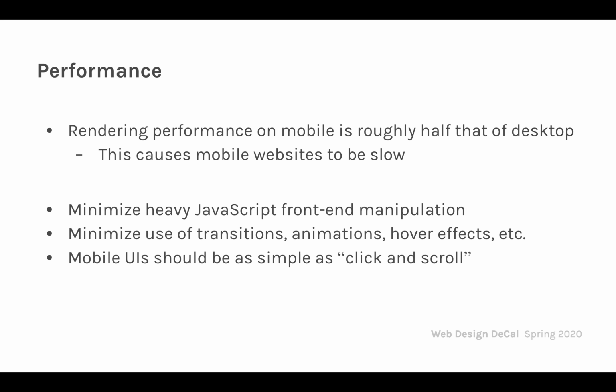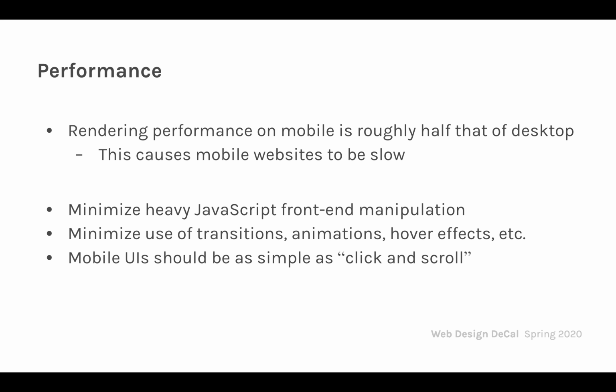So cool. Moving on to the third portion, performance. Rendering performance on mobile is roughly half that of desktop browser engines. So sometimes this causes mobile websites to be slow, especially those with really heavy graphics, like moving images or videos. So what does that mean?